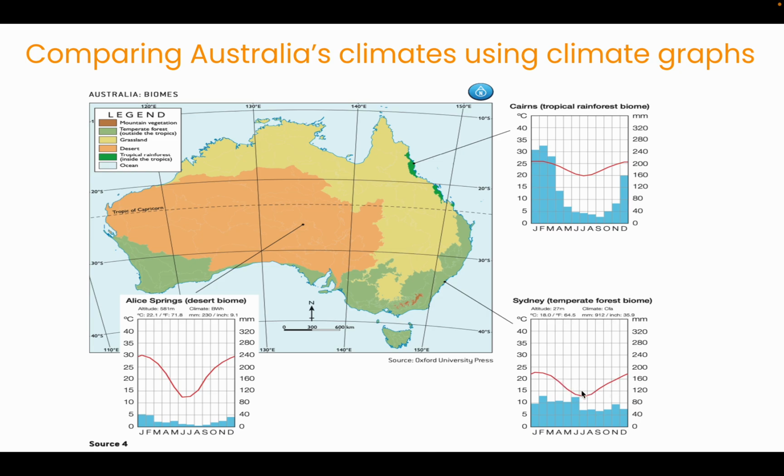So the temperature range is greater than the tropical rainforest, but less than the desert biome. You can see by the trend in this bend. Its hottest temperature, 23 degrees, is in January, and its coolest is in July with 13. So you would subtract 13 from 23, and you end up with a temperature range of 10 degrees.